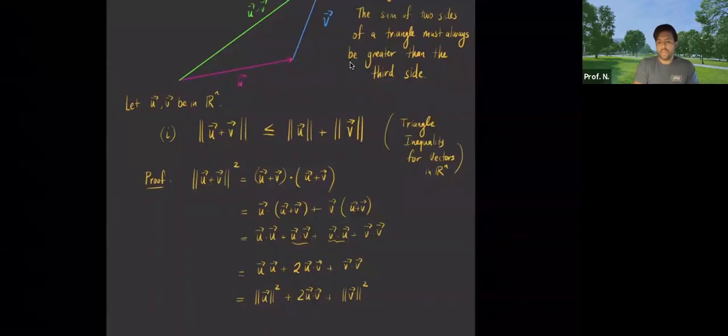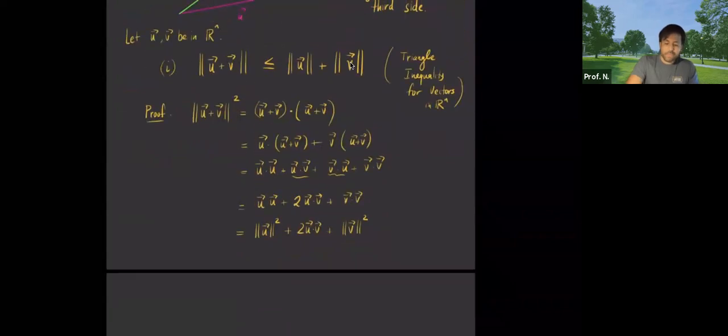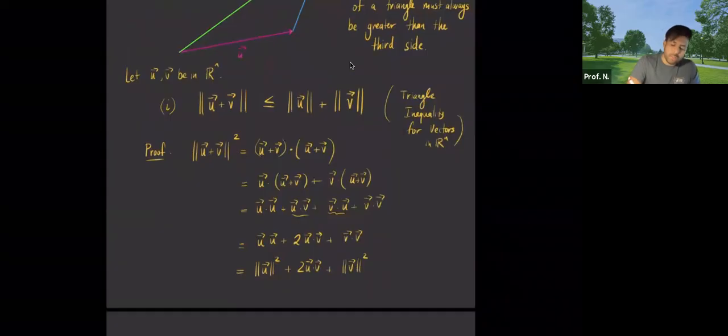Now, what do we do here? Now, the key is there's something called the Cauchy-Schwarz inequality. And what does the Cauchy-Schwarz inequality state?